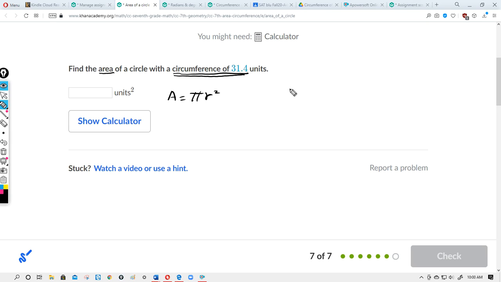So when they give you the circumference, you have to work backwards. The formula for circumference is 2 pi r. They gave us their circumference C. That's 31.4. And that equals 2 times 3.14 times r.